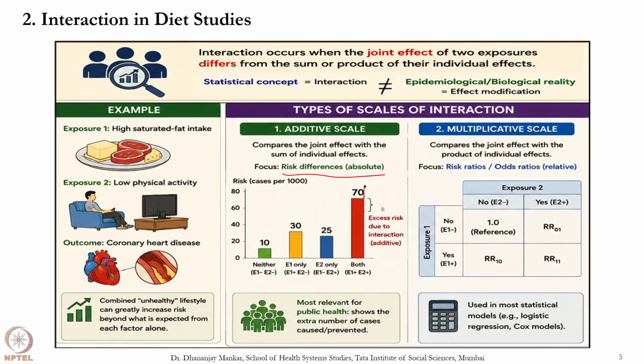In the multiplicative scale, you use risk ratios and odds ratios, comparing the joint effect with the product of the individual effects. This is used in most statistical models, logistic regression, Cox models and others, and these types of scales of interaction give you more clarity in interaction.